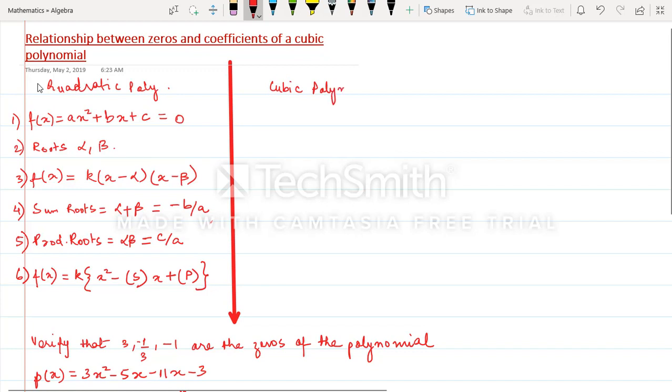So what I want you to firstly remember is what a cubic polynomial is. A cubic polynomial is a polynomial which has a degree of 3. In the case of a quadratic polynomial, the degree was equal to 2. For a cubic polynomial, the degree is 3. Now let us extend this.